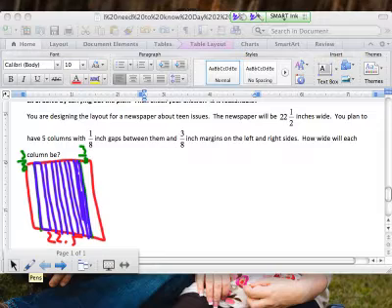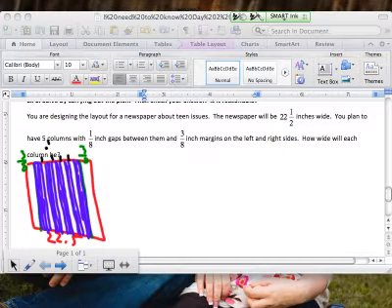So the colored in guys are the columns. Okay, I know they're not the straightest things, but I just want you to be able to see the columns and the gaps and kind of see big picture, okay? Okay, it's not perfect, but it'll do. So again, you'll notice each one of these little gaps here, 1, 2, 3, 4, are all 1/8 of an inch. So the question is, how wide will each column be?